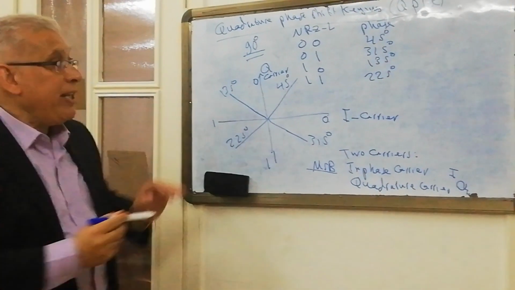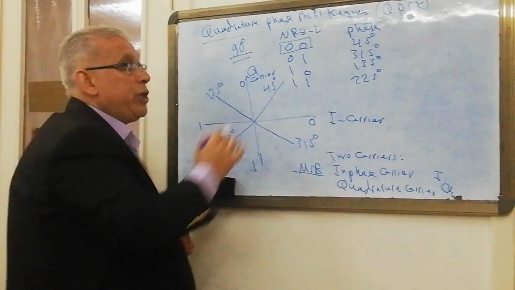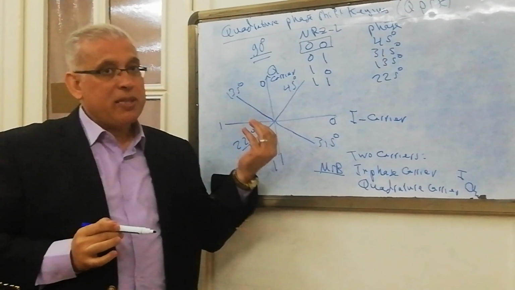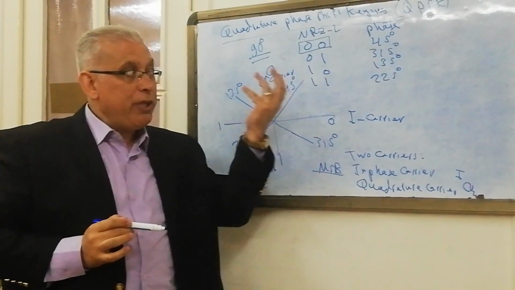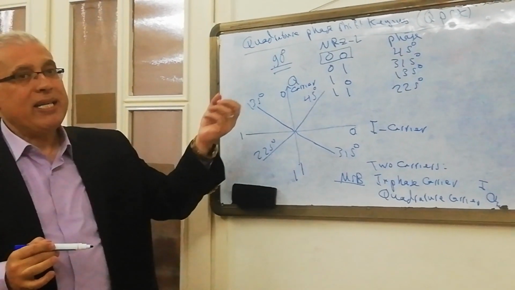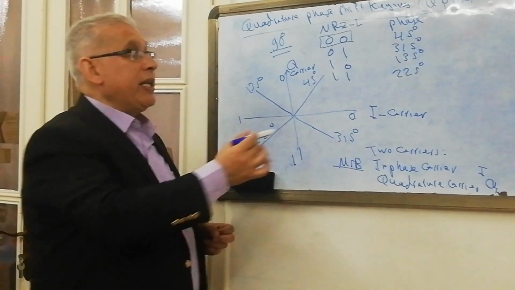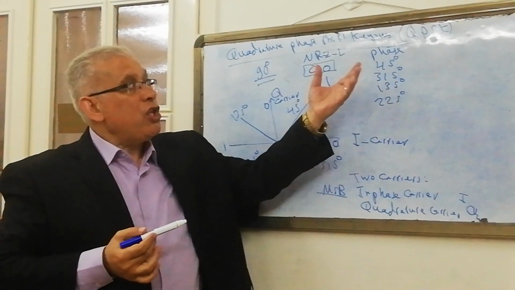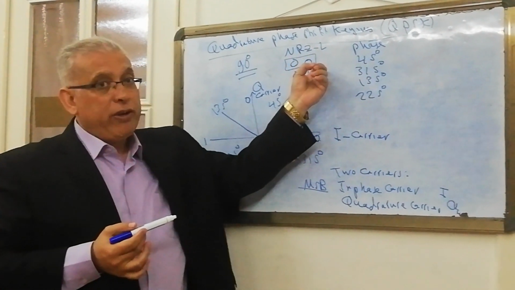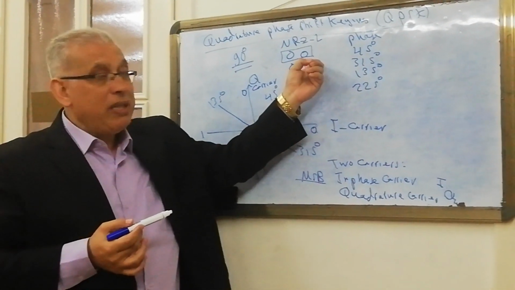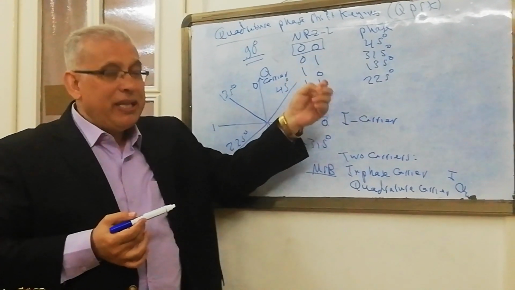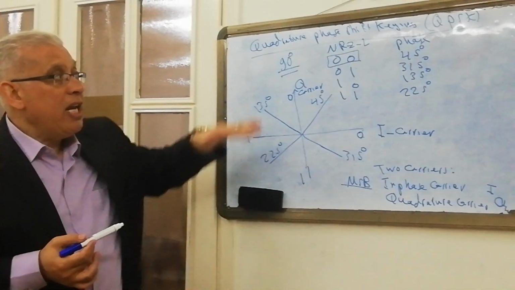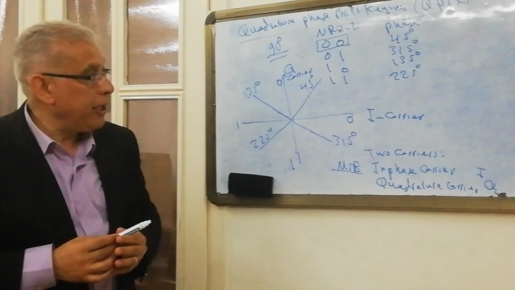So we assign 2 bits for each phase, which means that twice the data can be transmitted compared with phase shift keying, or the same data can be transmitted with half the phase changes, which also means we can minimize the transmission bandwidth of the channel. This is the benefit of quadrature phase shift keying compared with the classical phase shift keying.